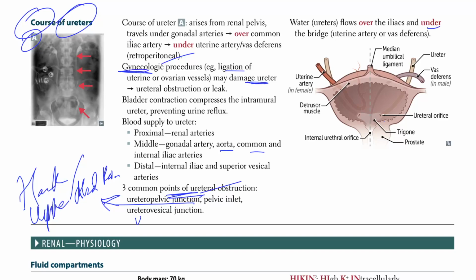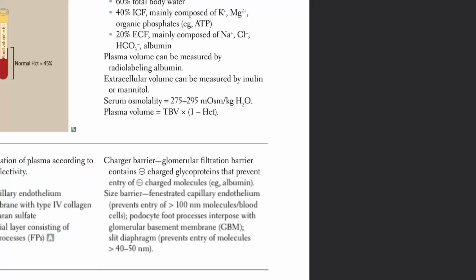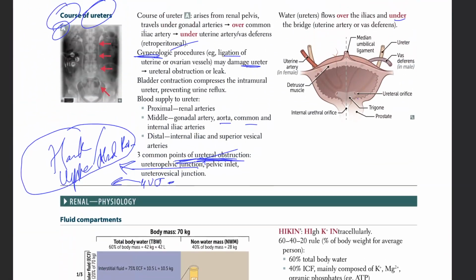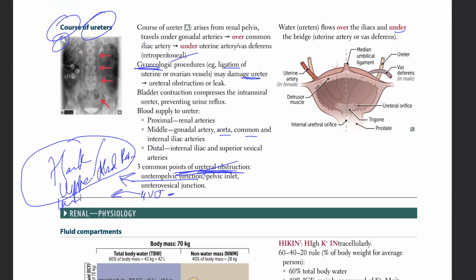So UPJ is causing this upper abdominal pain versus uretero-vesical junction. At this stage, if you have an obstruction, then you are going to have a lower abdominal or even groin pain. So that's how you can differentiate between the two: lower abdominal or the groin pain.